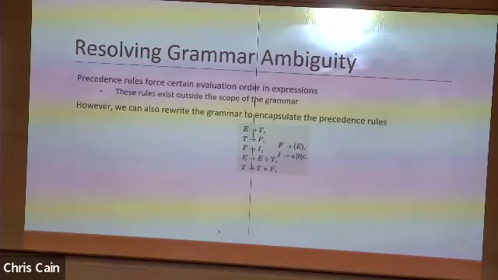And F can have parentheses around it, and that loops back around to the top, and any expression could be inside of that parentheses, because the parentheses completely override the order of operations. So anything can be inside those parentheses.